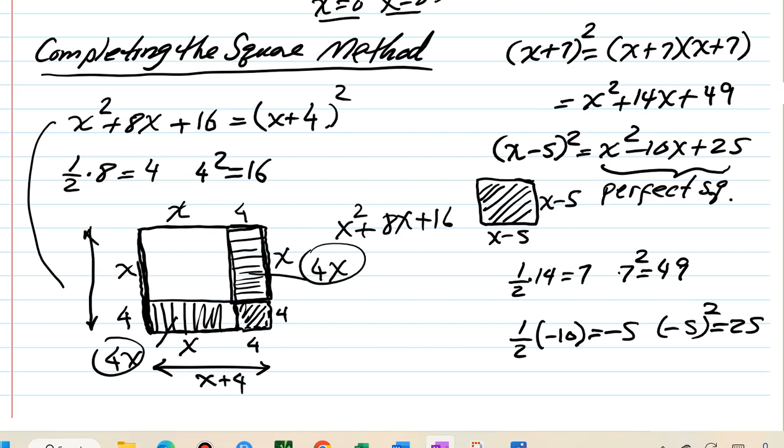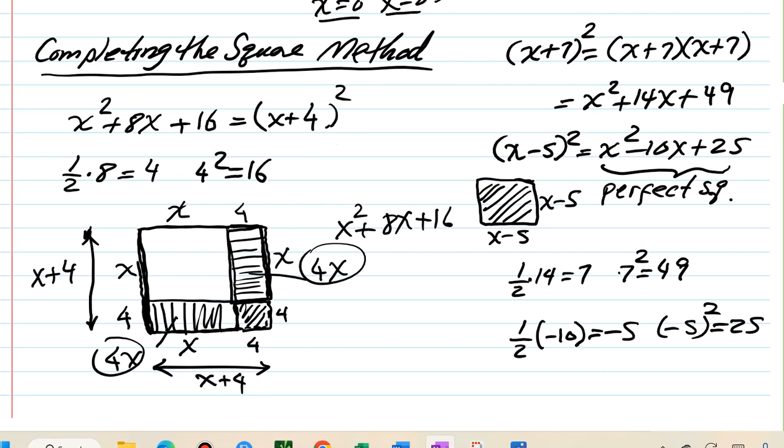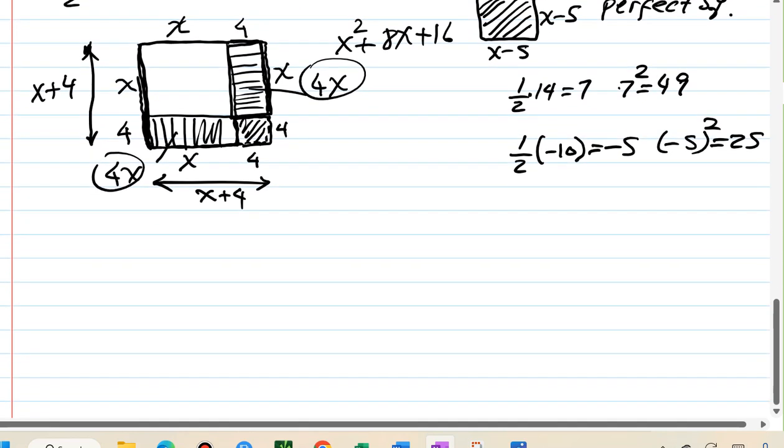And there's my perfect square, right? And x plus 4 times x plus 4 would be x plus 4 squared. So that would be a geometric interpretation of what I have up here. You may have seen this in algebra classes, but it'll be interesting to see why they name the method the way they do.